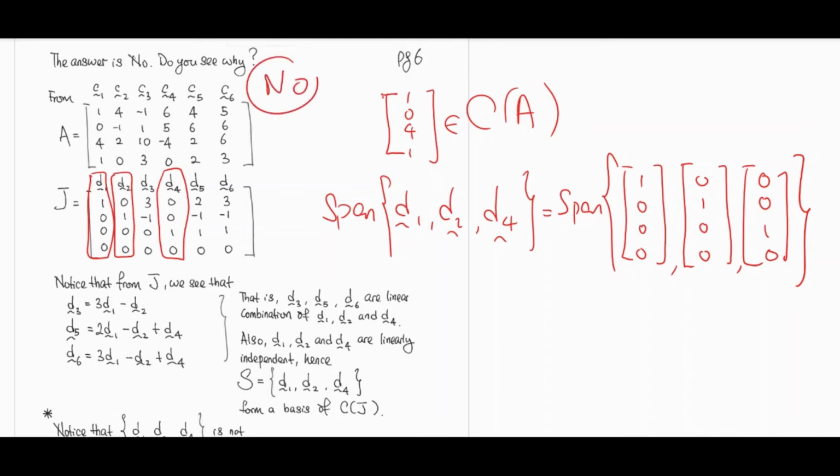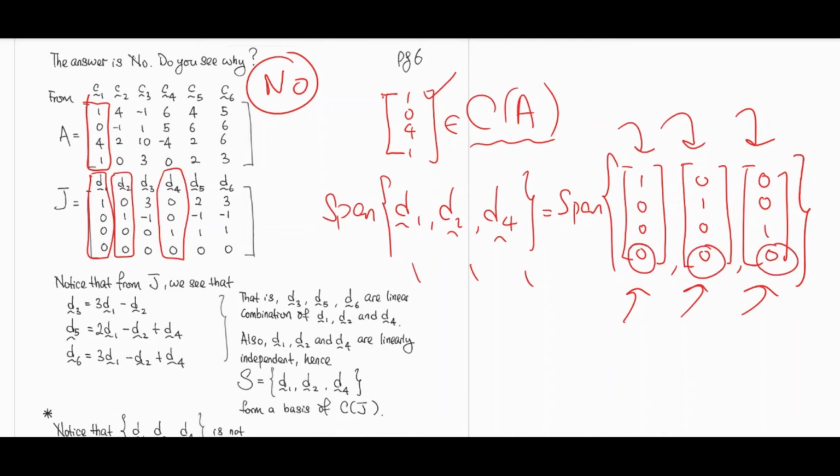So one very easy way to see it is to look at this vector here. This column vector is 1, 0, 4, 1. It is obviously an element in the column space of A. For the span of D1, D2, and D4, you look at all the possible linear combinations of these 3 vectors, and there's no way that you can reach the vector 1, 0, 4, 1, because no matter how you linearly combine these 3 vectors, this 4th component right here is always going to be 0, but this one right here is a 1.